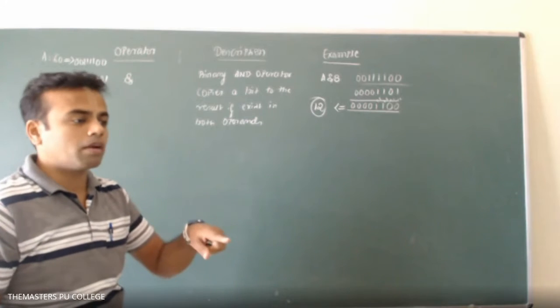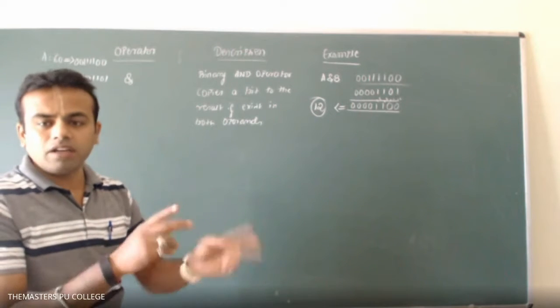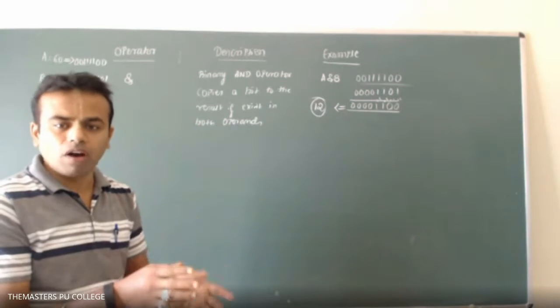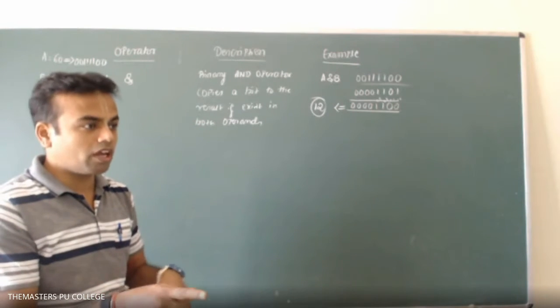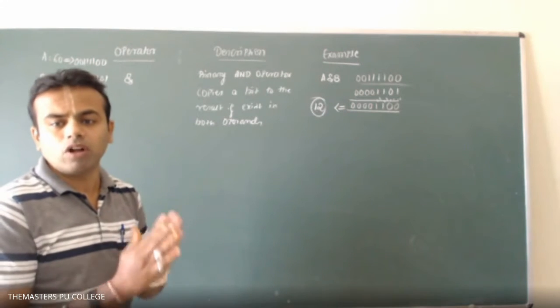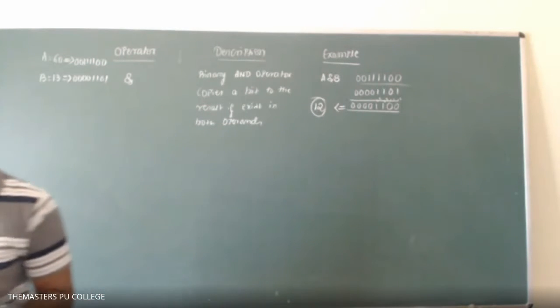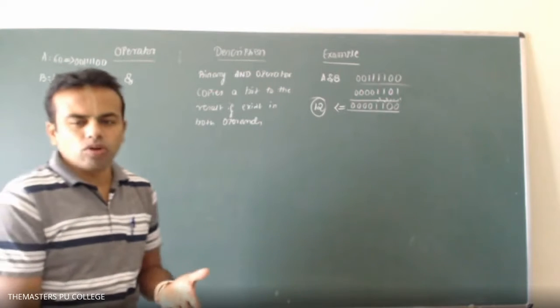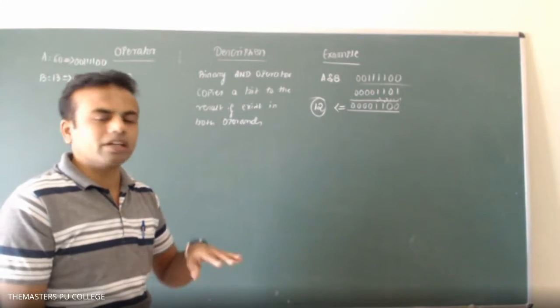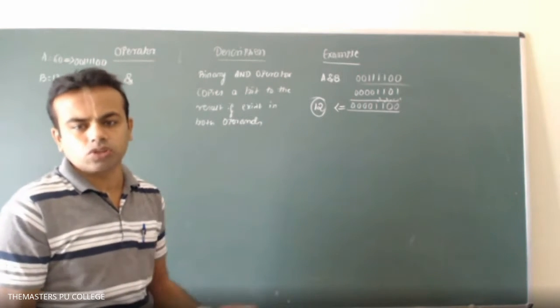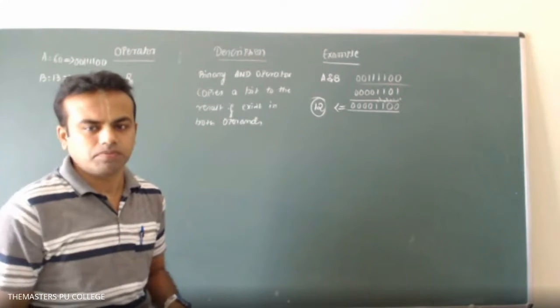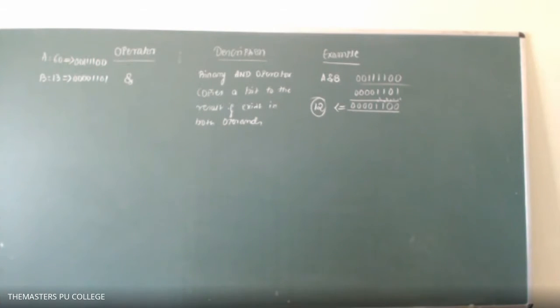In OR, if any one of the expressions is true, it returns true, and it returns false only when all the expressions are false. And complement, you know that, is not: if it is true, it returns false; if it is false, it returns true. It negates, complements. Yes, sir.